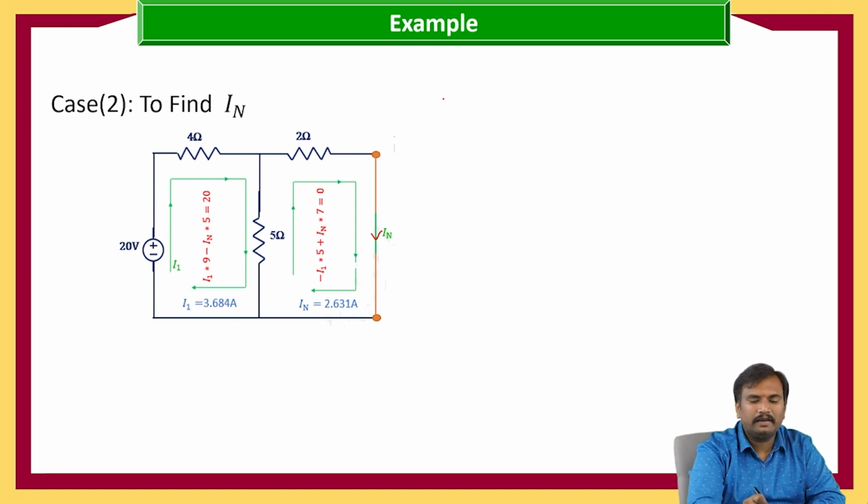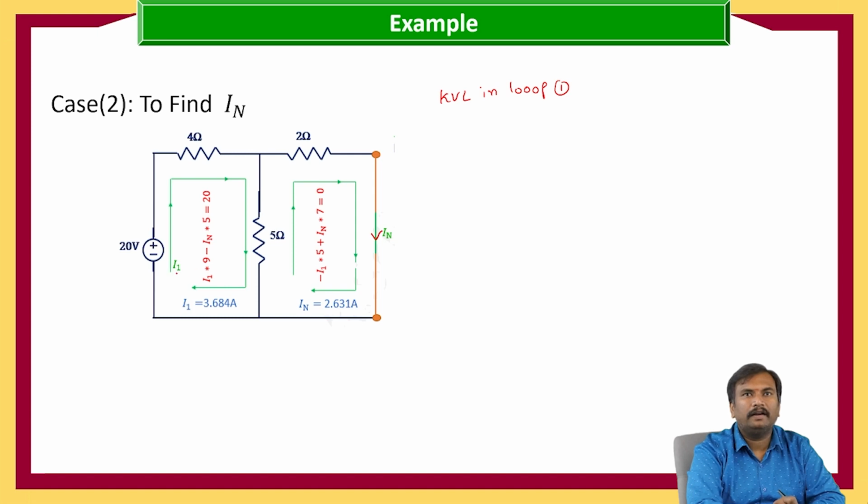If we write the KVL in loop 1, here the current is entering the negative terminal, so minus 20 plus 4 into I1 plus 5 into I1 minus I2, which we can consider as IN.